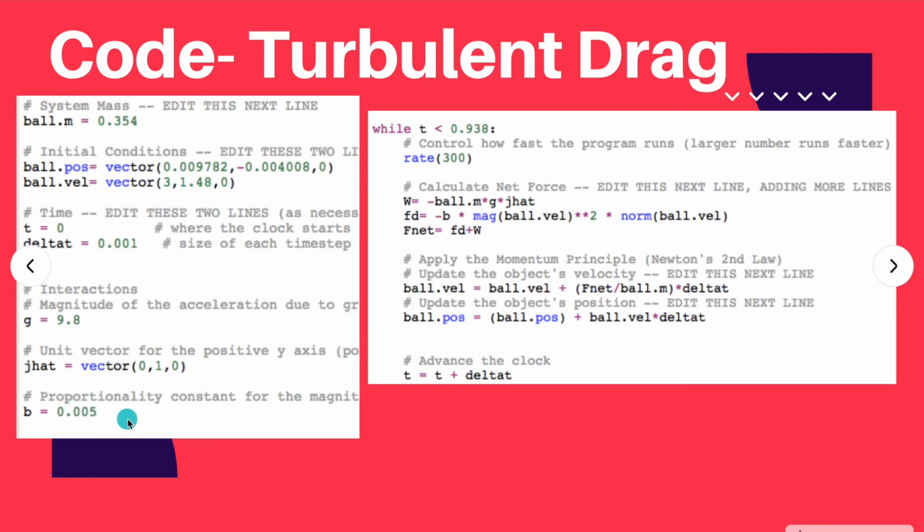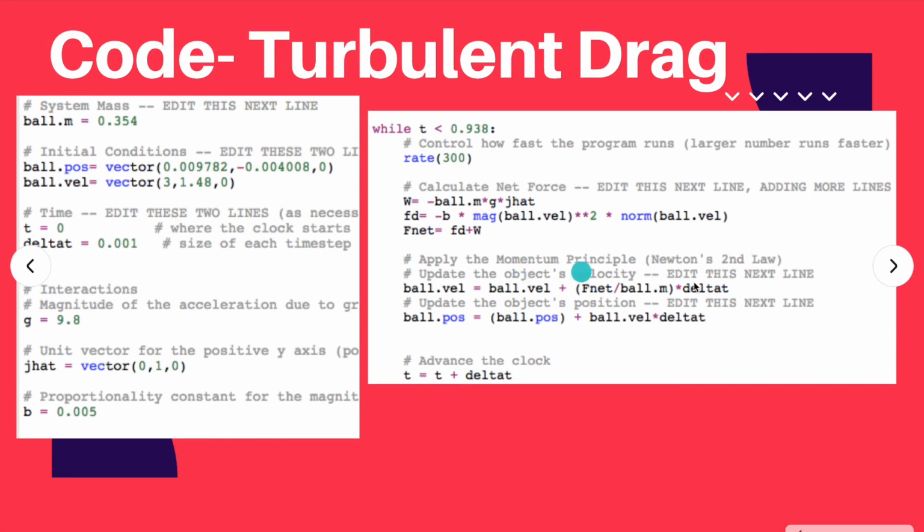Then for our loop, we put the weight force, which is the mass of the ball times the gravitational constant times our unit vector in the positive y-hat direction. Then we put the force of turbulent drag, which we discussed before. And then we said that the net force is equal to the sum of these two forces.